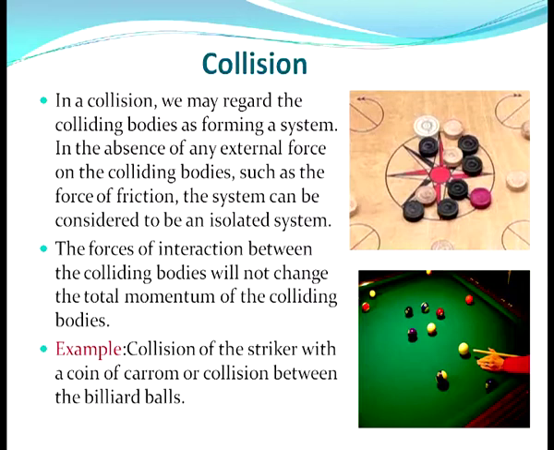Now, in the absence of any external force on the colliding bodies, such as the force of friction, the system can be considered to be an isolated system. So, the forces of interaction between the colliding bodies will not change the total momentum of the colliding bodies. You have seen this type of collision in case of the carom board and billiard balls. These are examples of collision, and here the conservation of momentum takes place.